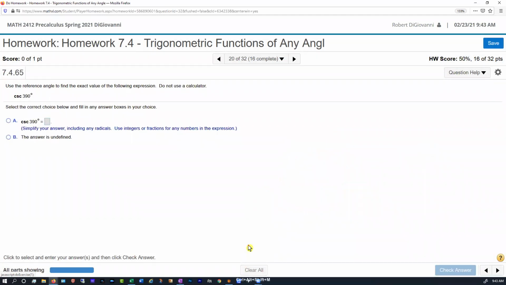Okay. Cosecant of 390. Again, we're going to use reference angle. Here's 360, and then we have to go another 30 degrees. That'll be our reference angle, 30 degrees.